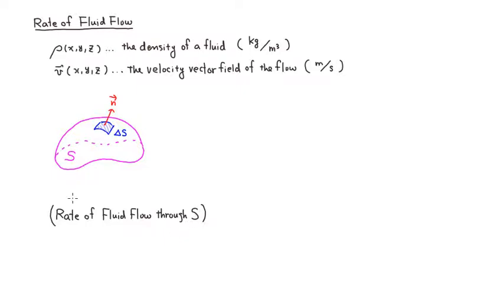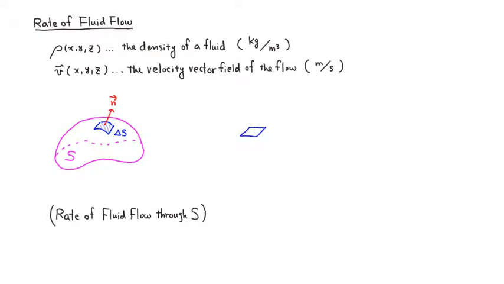As usual, S is too big, so I'm going to look at the small region delta S. So we have this delta S right here. How much water or fluid is going through that little piece of surface? I'm going to pretend that this is a nice and flat region.